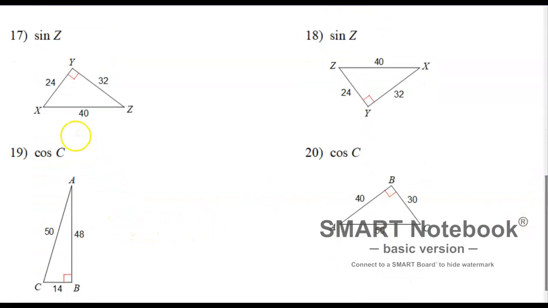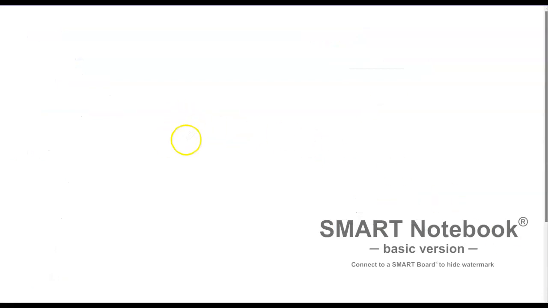So here for 17, we're going to do the same thing. We're going to copy the problem down. So what do we got? 24, 32, 40. Something like that. I'm guessing that's 90 degrees.